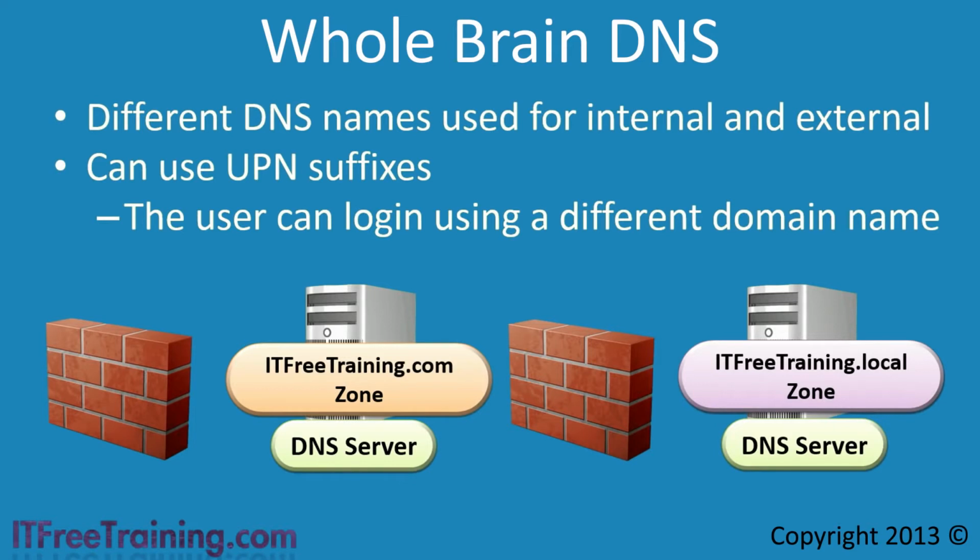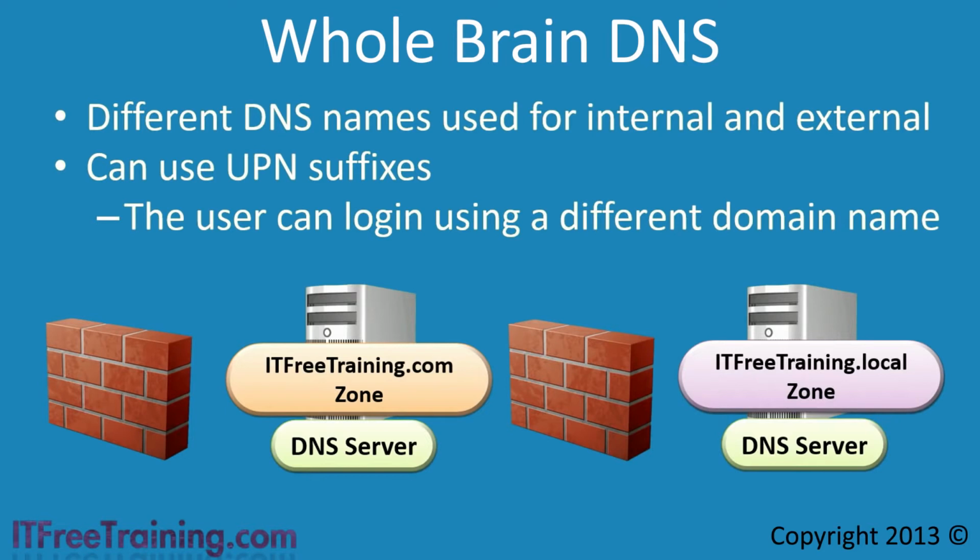The point to remember is that Split Brain and Whole Brain are two approaches to solve the one problem. If you asked 10 IT people to agree on which approach to use, all 10 would never be able to agree, and it comes down to the choice of the individual administrator which to use. In our videos, we use the whole brain approach as it is easier to set up and easier to understand.